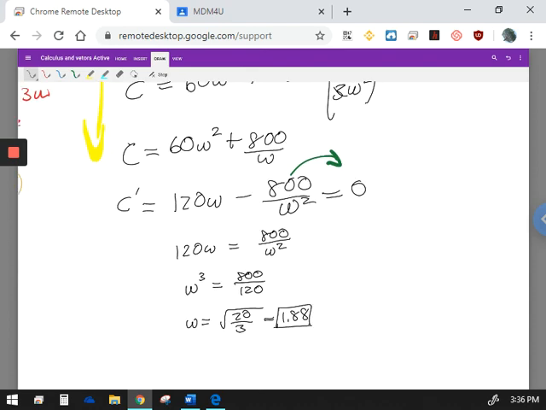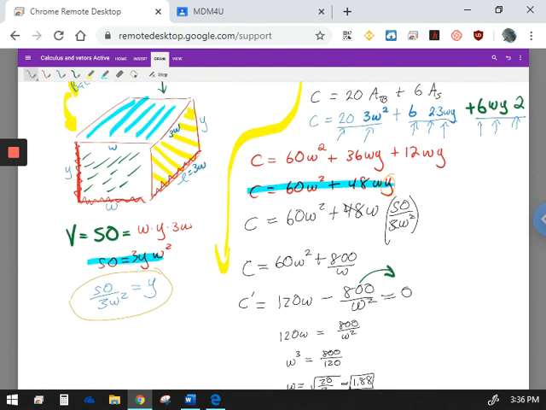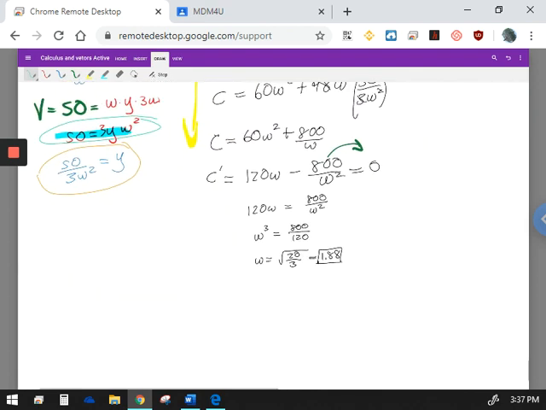All right, let's go back. Take a look at this. We can now find the length because we know the relationship. I'll highlight these relationships for you right here. There's our length width relationship. We also can get the height by basically using the volume relationship here. Okay, so I'll bring those guys over. We know that 3w equals length.